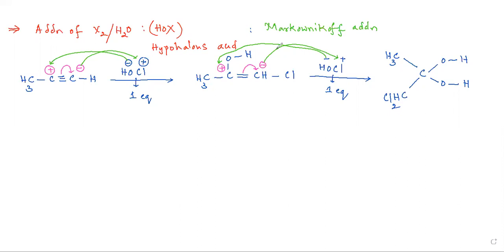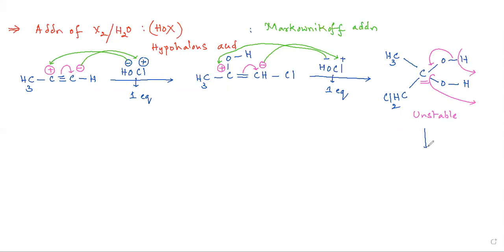Yes. Now see, this is unstable. A carbon having two hydroxyl groups on the same atom is highly unstable. So it immediately undergoes elimination of water. Water molecule is removed, H plus and then OH minus.